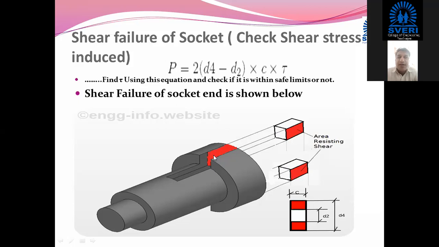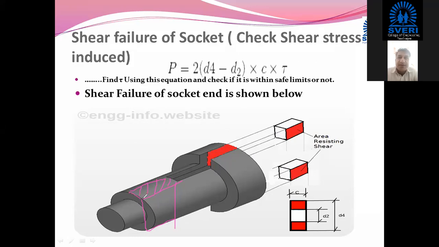Now you may ask the question, why is the shearing not occurring from this side? If you are not asking this question, I'm asking it of everybody. Why are we not considering shear in this case? In the spigot we considered the shearing from the other side, that is the inserted part.